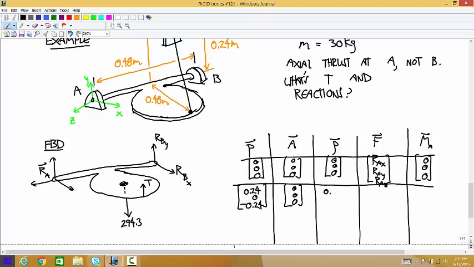So the row vector is 0.24, 0, negative 0.24. Uh-oh. This looks bad.